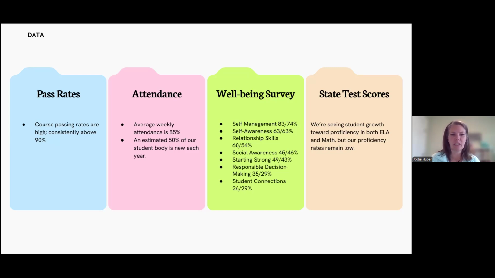And then in the springtime, we had a 54% response of students responding that they're strong or solid in relationship skills. So when we looked at the area that we wanted to focus on, we looked at our student connections and our responsible decision making, which, as you can see from the data, are our lower two scores according to families. Go ahead and go to the next slide.